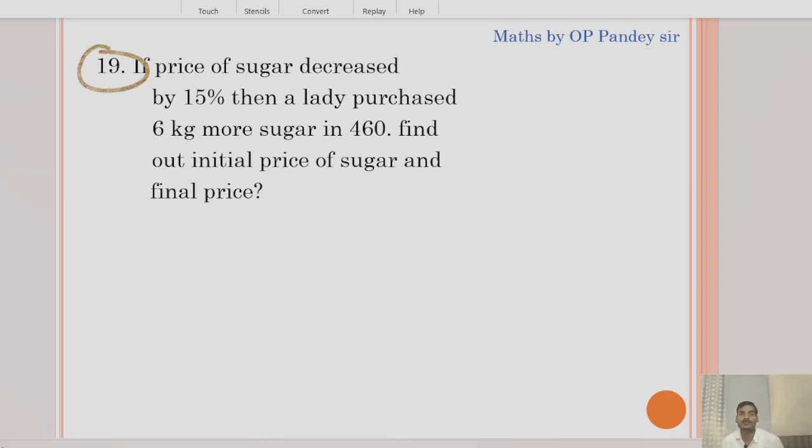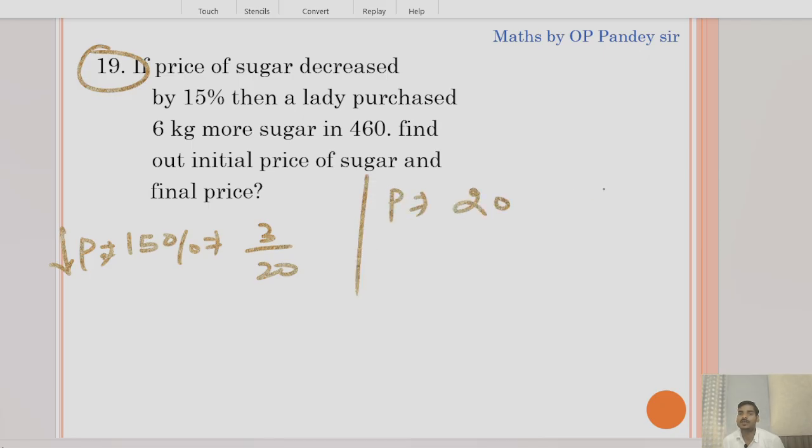Next question, question number 19. Please see this question. If the price of sugar decreased by 15%, change 15% into fraction form. This is 3 divided by 20. Right? Decrease. So if 20 is the initial price, then 17 is the present price.